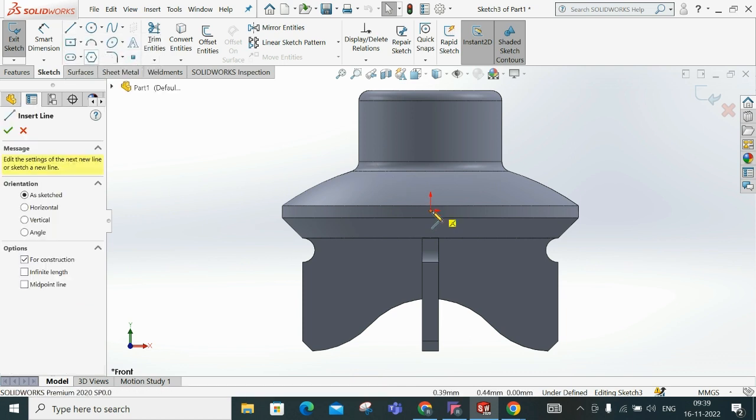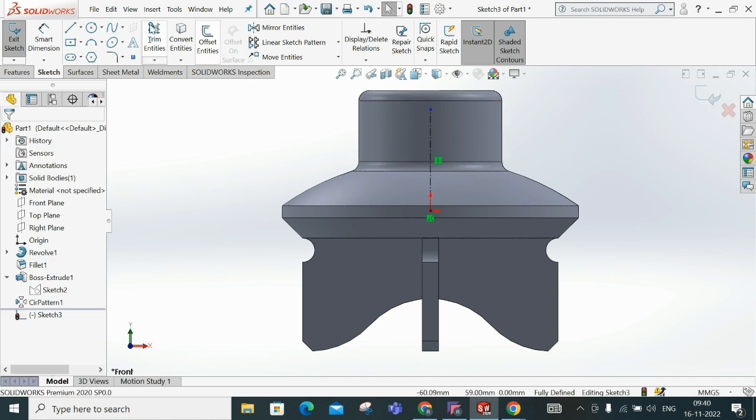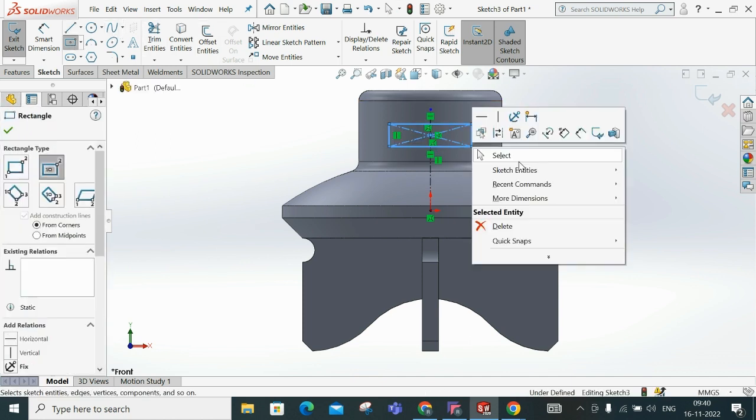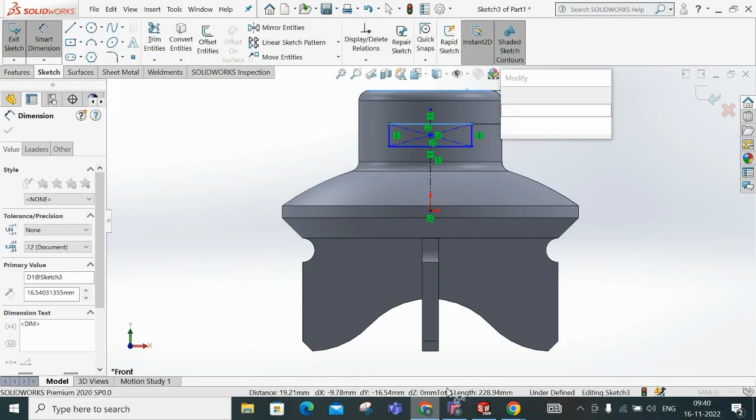I'm using a center line just to locate the center point of the square. From here to here, what was the radius? 19, 20, 22. What? Yes, 16.